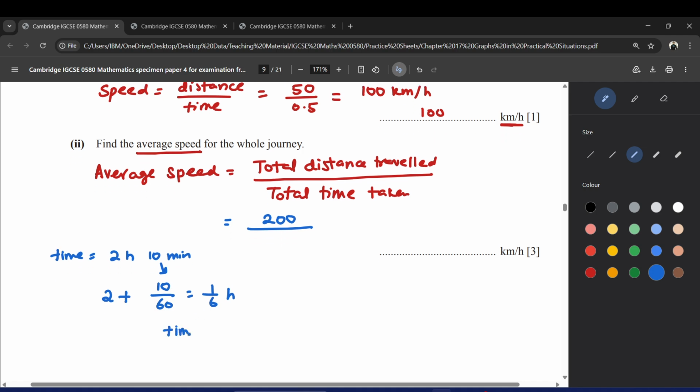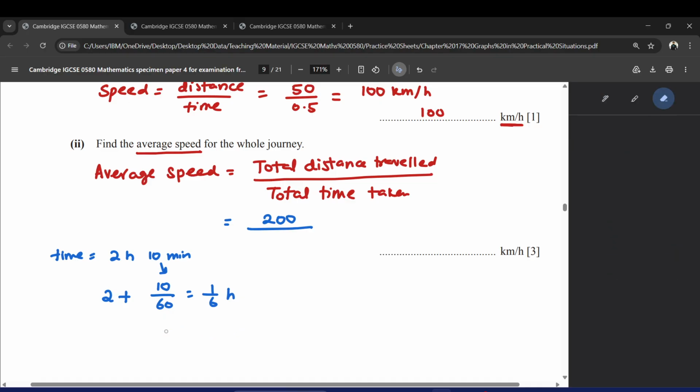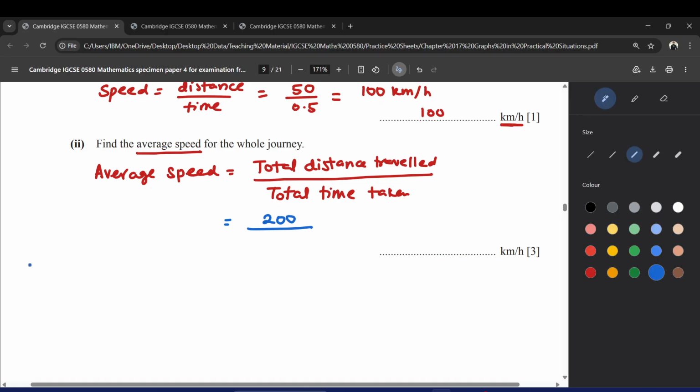So the time is going to be, let me write this down properly, in a way that you can copy this down as well. So from 7 o'clock to 9:10, the time was 2 hours 10 minutes.